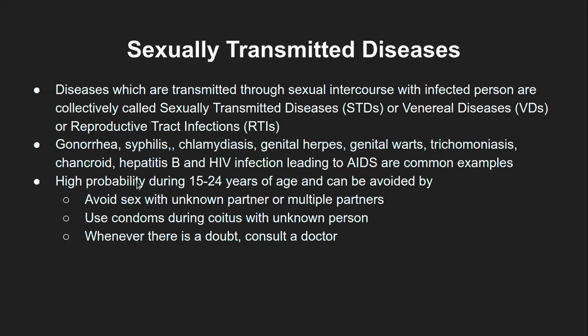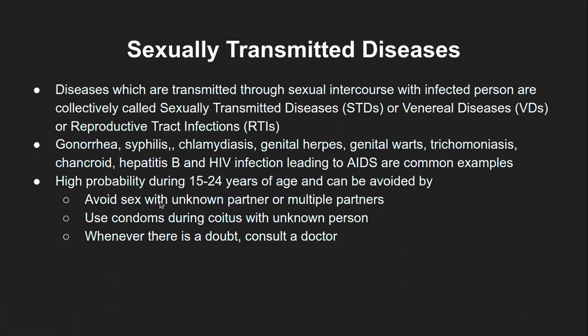So what are the reasons that can cause sexually transmitted disease? Obviously, having sex with an unknown partner, or having multiple partners, can lead to it, so we should avoid that.